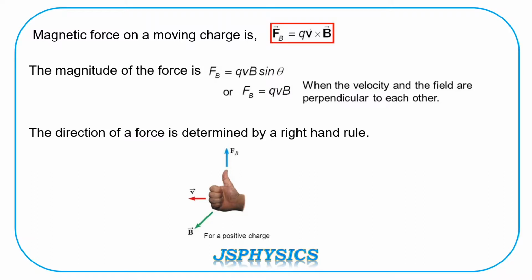Then the outstretched thumb gives the direction of the magnetic force on a given charged particle. So from the first vector to the second vector, you curl the fingers of the right hand, and the outstretched thumb gives the direction of the magnetic force.